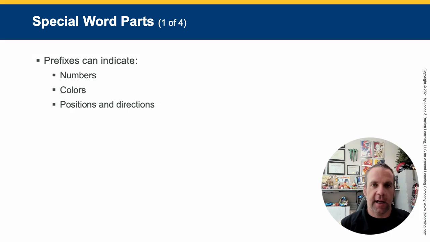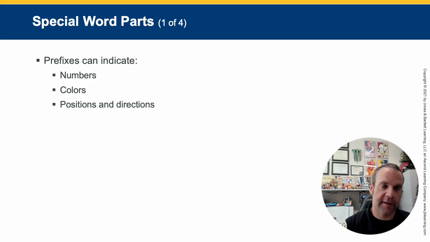Once again, in addition to the roots, prefixes, suffixes, and combining vowels, there are certain special words that you'll frequently encounter in EMS terminology. These special components help us describe numbers, colors, and anatomical positions or directions.